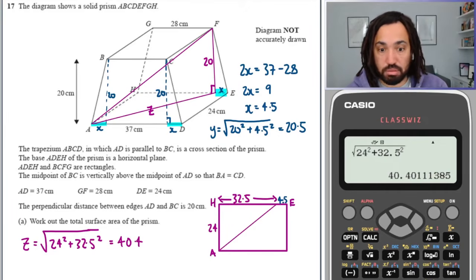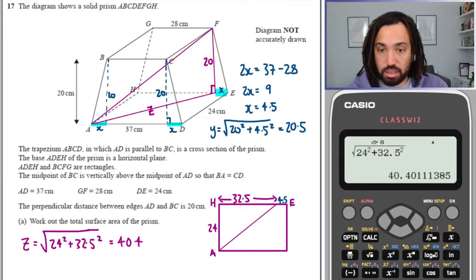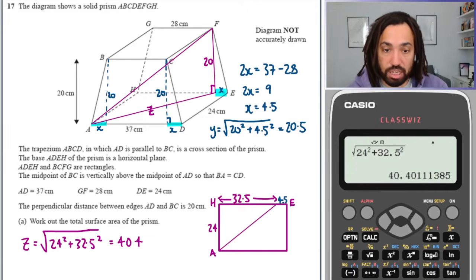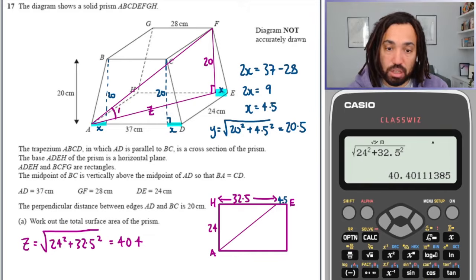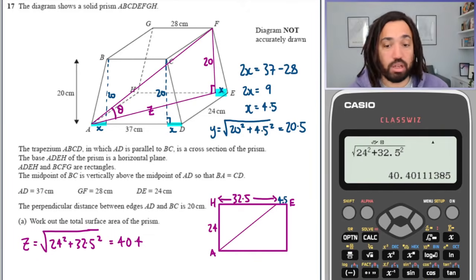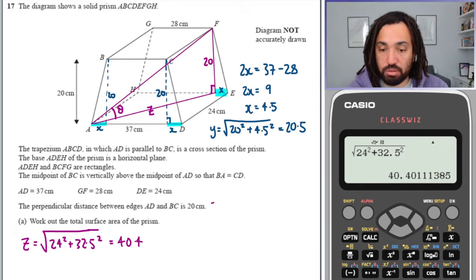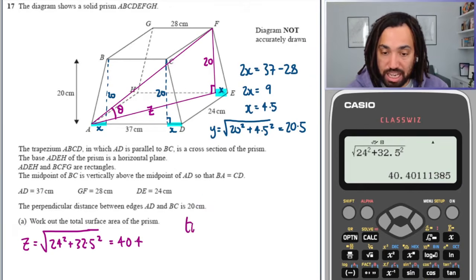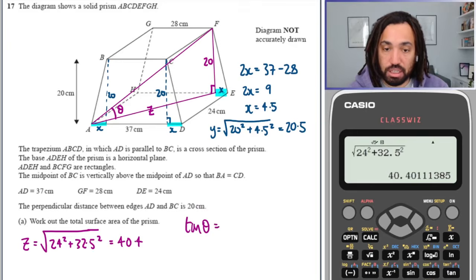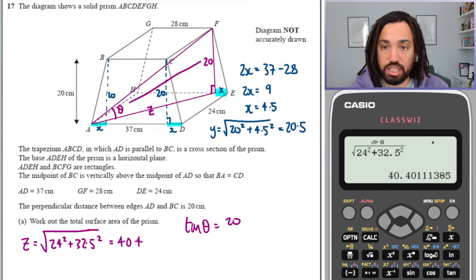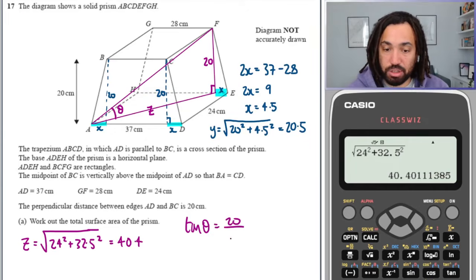Okay, so next what we can use is this purple triangle to work out the angle. Let's call it theta. Okay, so we can say that tan of theta is equal to the opposite, which is 20, over the adjacent, which is Z, which we know is 40.4.